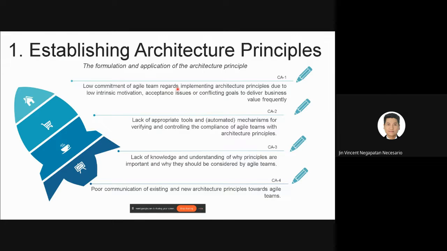Low commitment of the agile team regarding the implementation of architecture principles due to intrinsic motivation, acceptance issues, and conflicting goals to deliver business value frequently; lack of appropriate tools and automated mechanisms for controlling compliance within an agile team; also, the lack of knowledge and understanding of why principles are important and why they should be considered by agile teams. And the last one is poor communication of existing architecture principles towards the agile team.